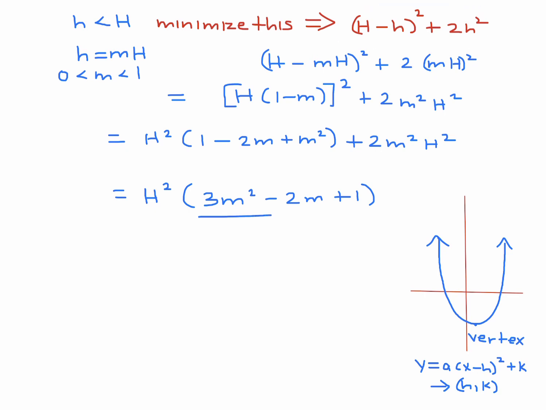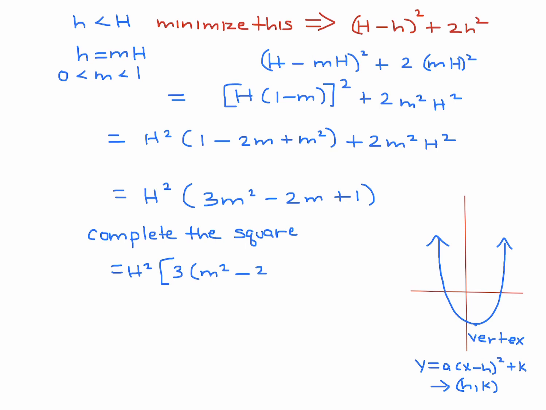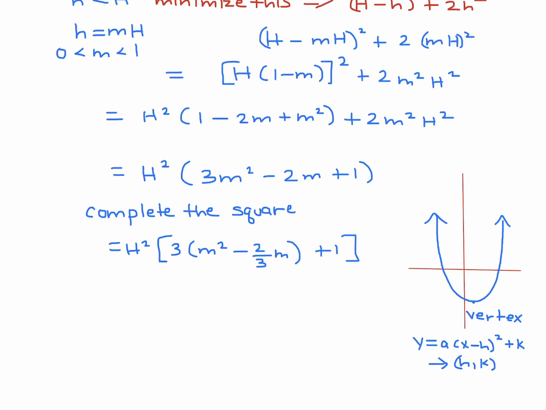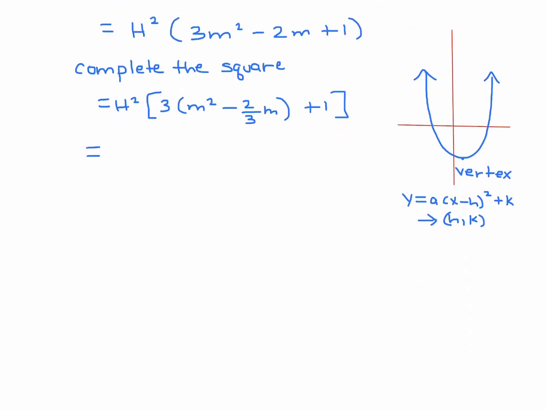So how do we get this into this form? You do that by completing the square. The first thing, of course, is we have to factor out the 3, and we do that. That gives me m squared minus 2 over 3 m, and then I'll just put this 1 out here. Now to complete the square, the process is you have to first take half of this number and then square it.